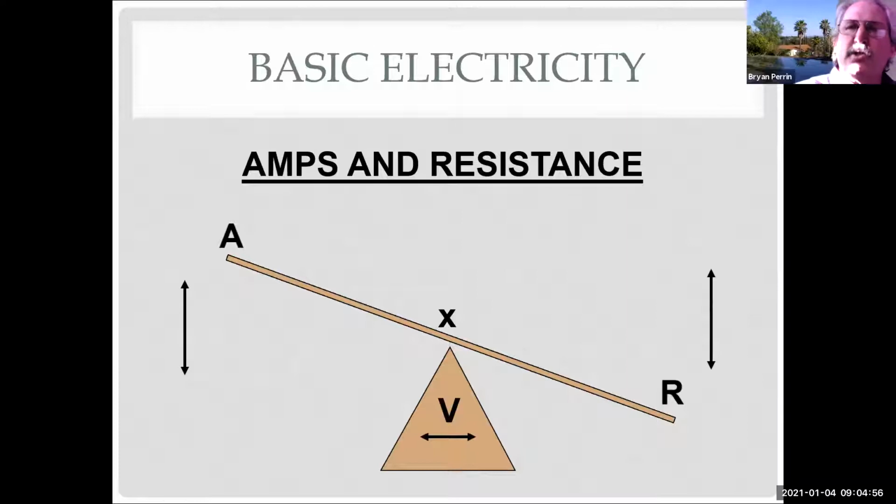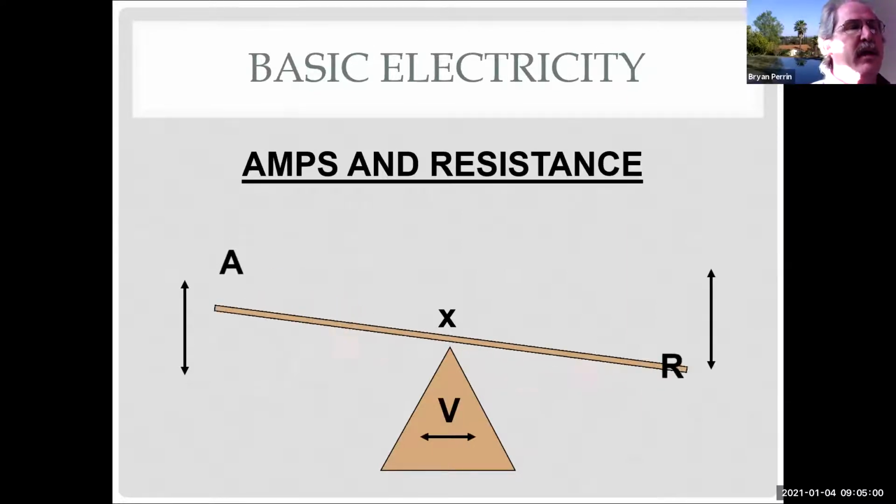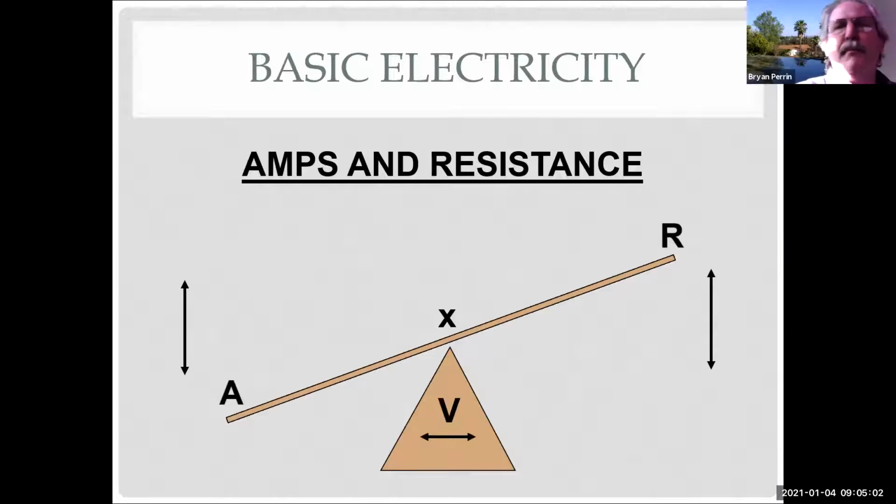So in other words, less resistance is going to equal more current flow. On the other hand, if resistance goes up, current flow or amperage has to go down. The only way that resistance and current flow could both go up at the same time is if my voltage increases. In other words, I have a bigger triangle. The only way I can make everybody higher is get a bigger triangle.